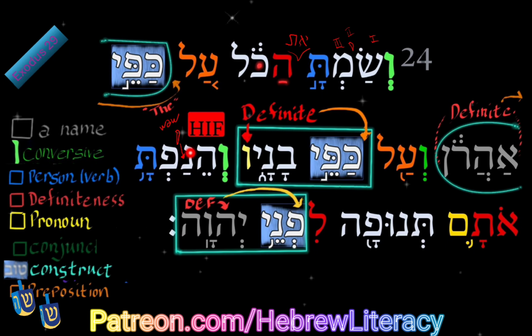Okay, now what are we going to wave? Otam. So the aleph and the tav is the definite direct object marker, and otam is them.